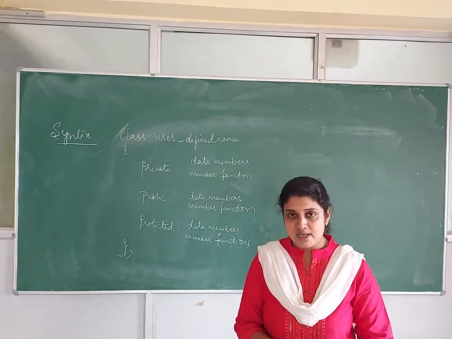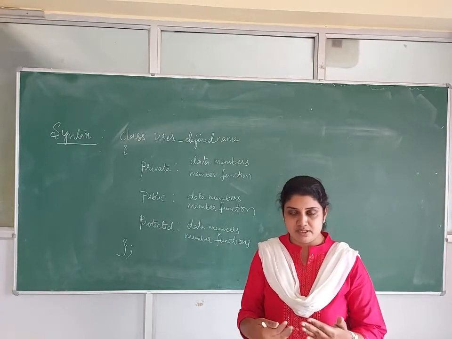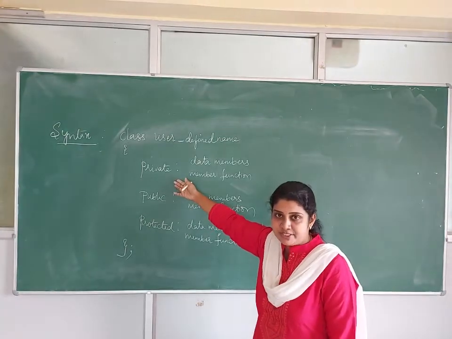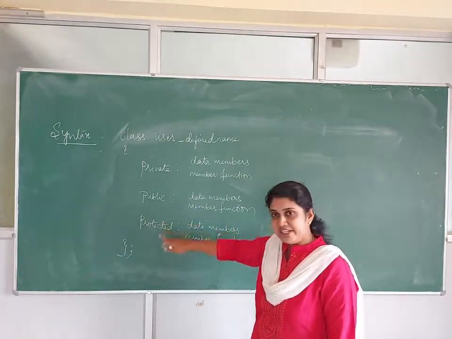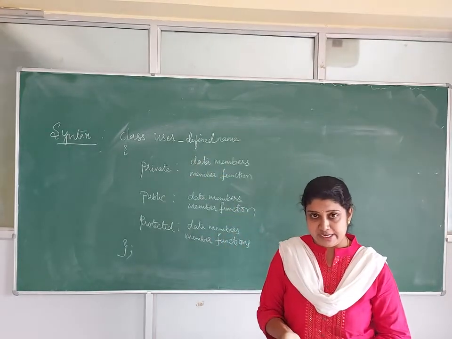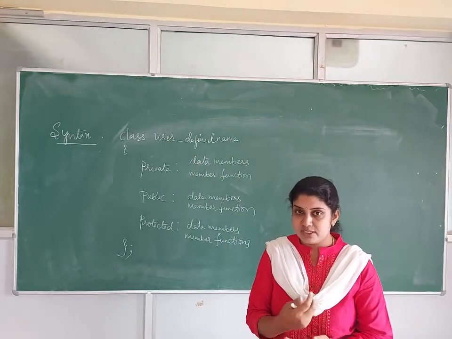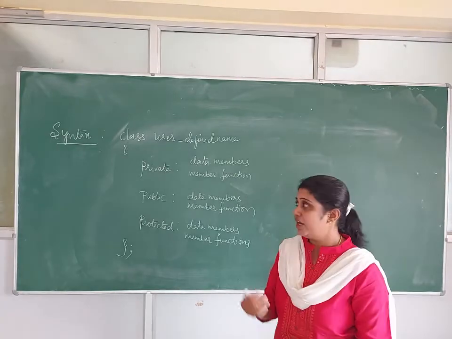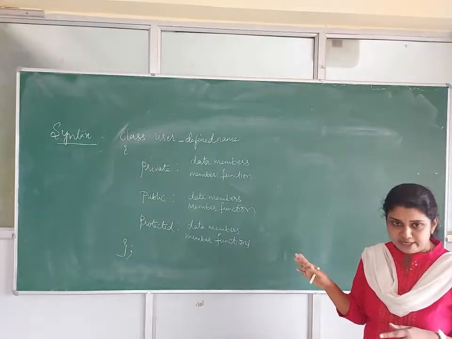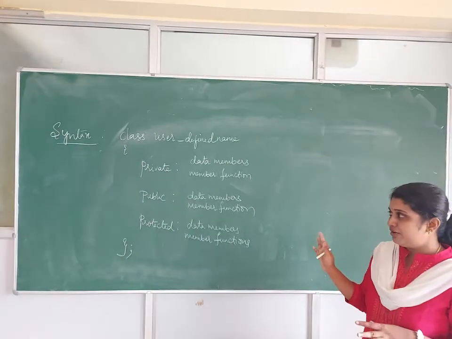Inside a class we can represent in three ways with the help of access specifiers, that is private, public, and protected. Here the class name is a user defined name, which will be defined by the user, alongside the member functions.